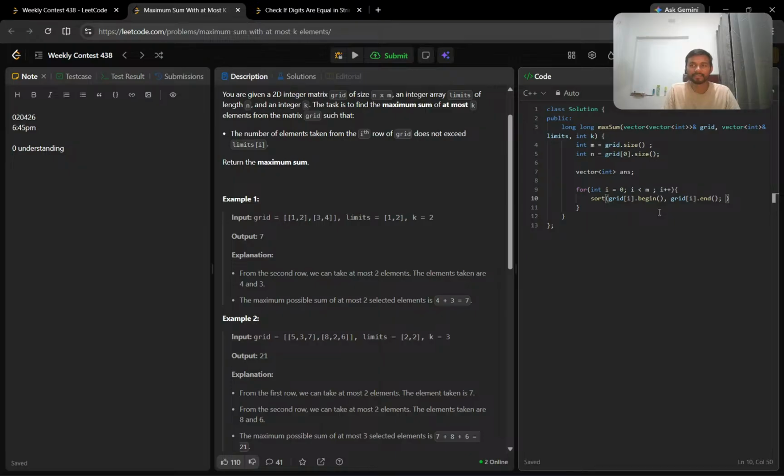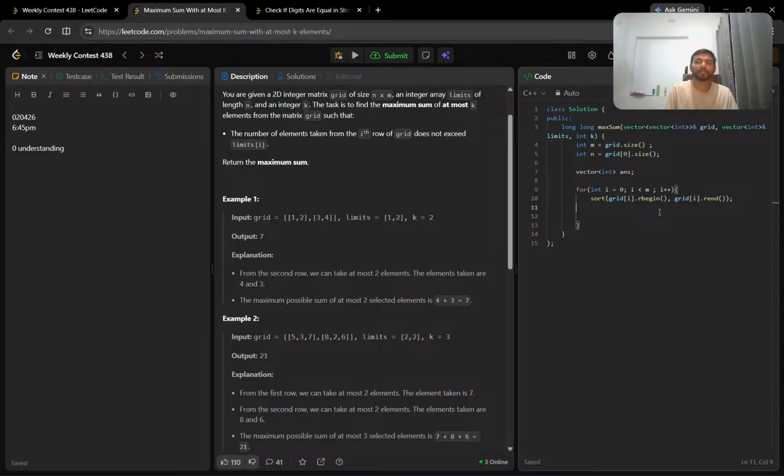Okay, then, or you can just reverse sort.